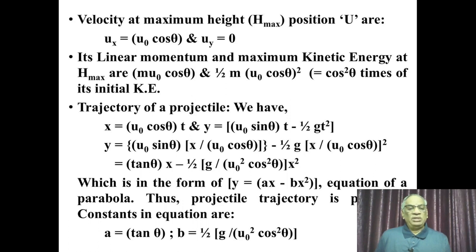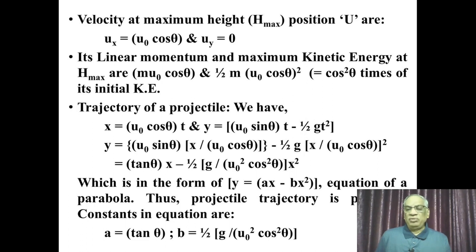And the kinetic energy, which is maximum at the maximum height, is half m u naught cos theta whole square. The kinetic energy at the initial position, that is at point O, the origin, is half m u naught square, the velocity with which it is being projected. Hence, the maximum kinetic energy is cos square theta times its initial kinetic energy.